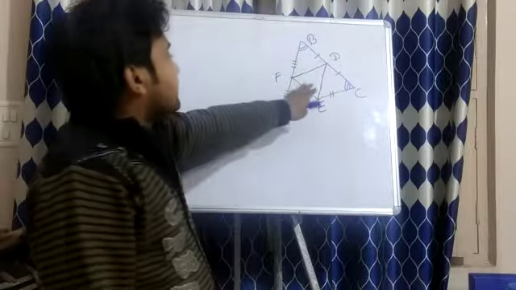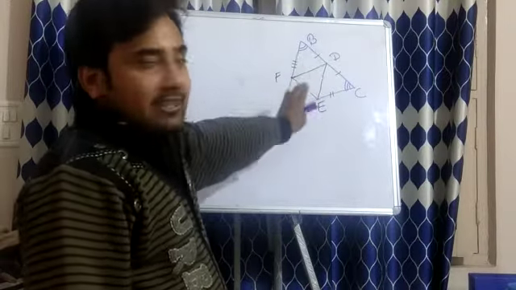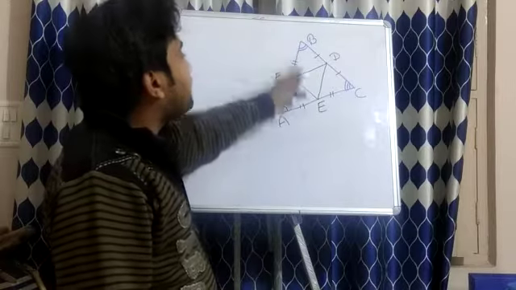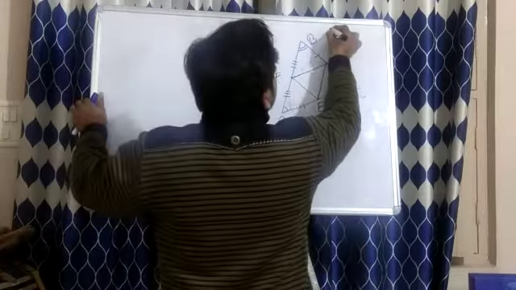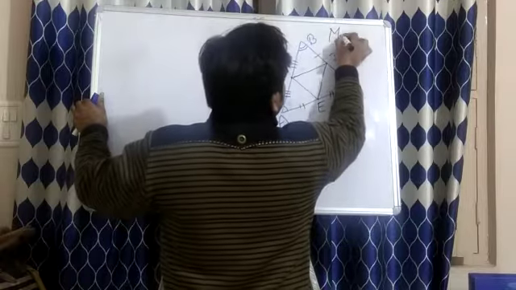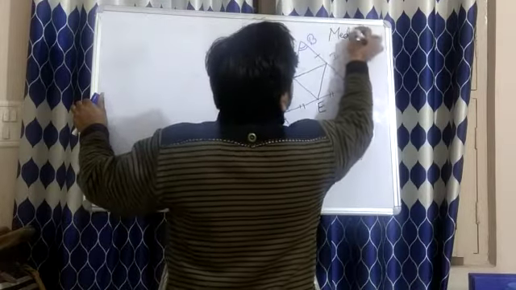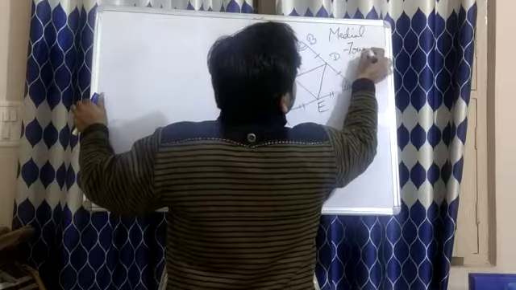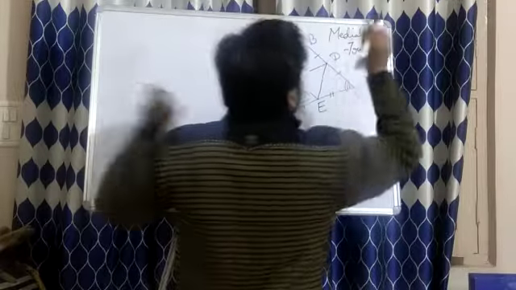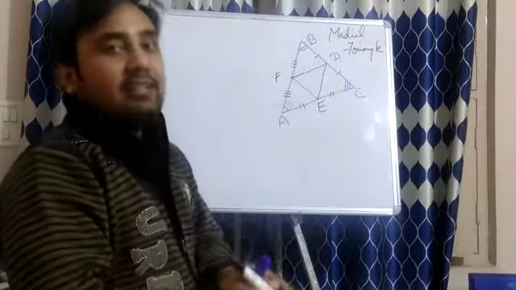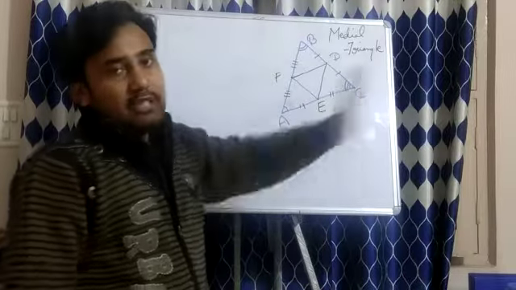The triangle that we have just got by joining the midpoints of the three sides is known as the medial triangle. It is nothing more than a fancy name. So the medial triangle is nothing but a triangle which is formed by joining the midpoints of the three sides of the triangle.